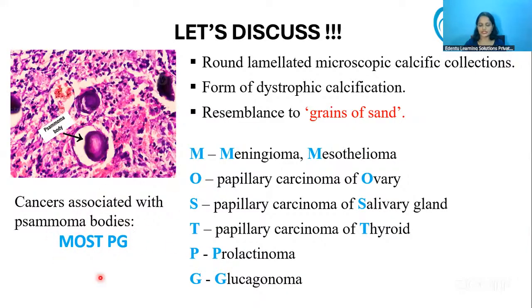MOST PG means meningioma, mesothelioma, papillary carcinoma of ovary, papillary carcinoma of salivary gland, and papillary carcinoma of thyroid. All the papillary carcinomas of the ovary, salivary gland and thyroid gland, and prolactinoma and glucagonoma. Okay, so these are some of the pathologies where you will see psammoma bodies like this. So remember this mnemonic, MOST PG.